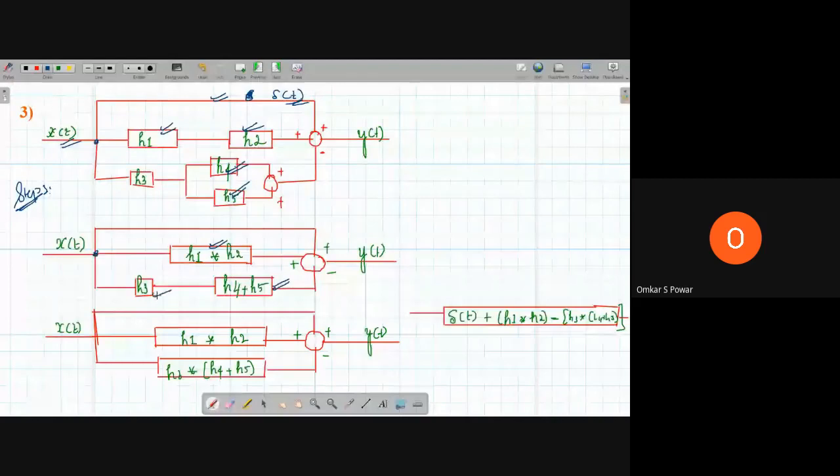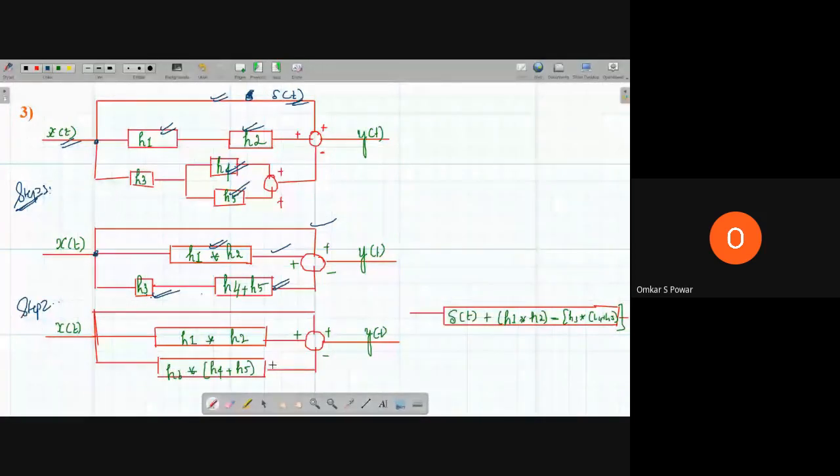Step 2. Now this first line, let it be as it is. The second line also let it be as it is. For the third line, h3 is in series with h4 plus h5, so h3 convolved with h4 plus h5.